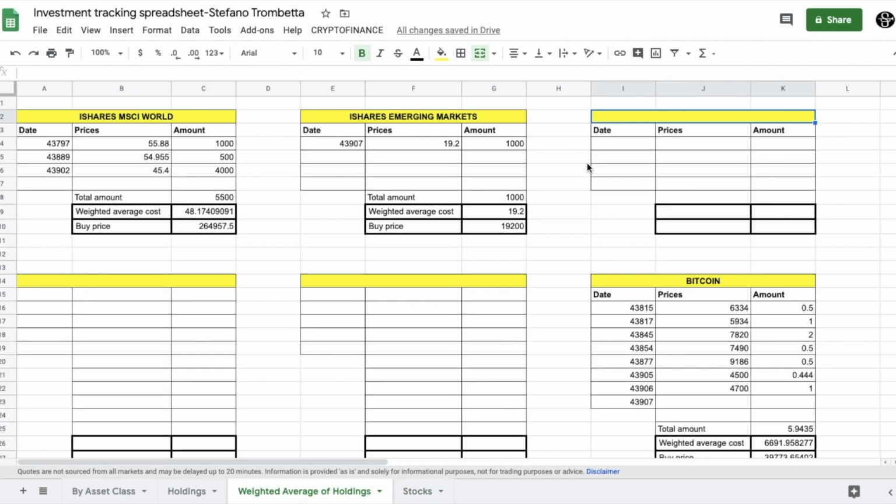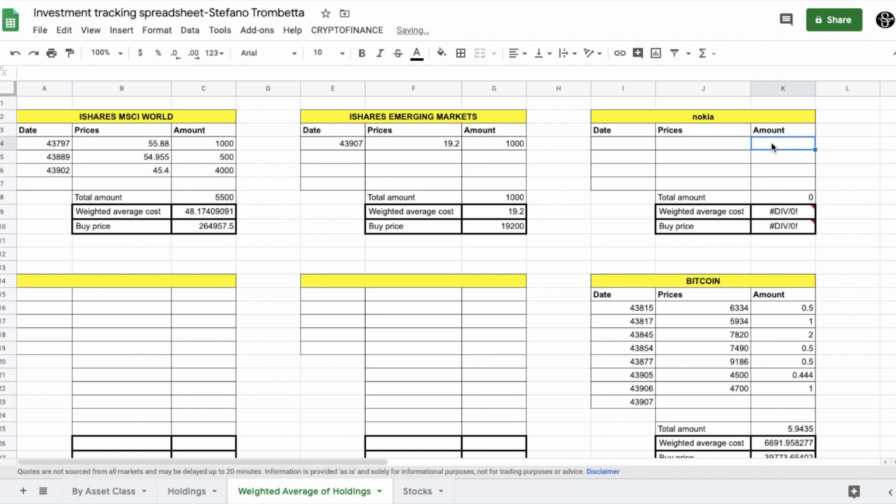Then imagine you want to buy some stocks of, for example, Nokia. We will just copy these formulas right here, and then this right here.